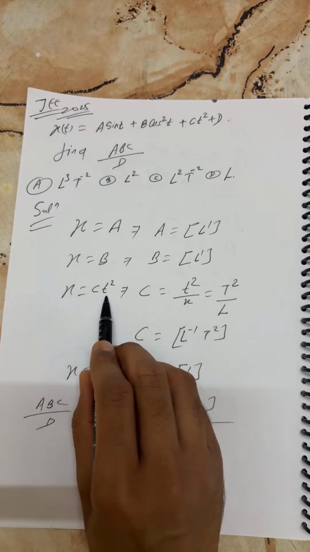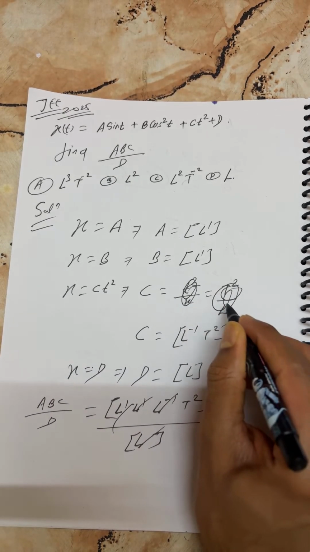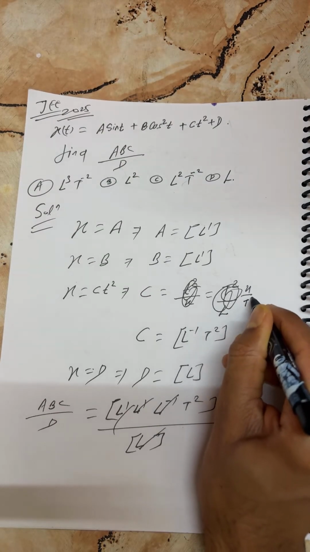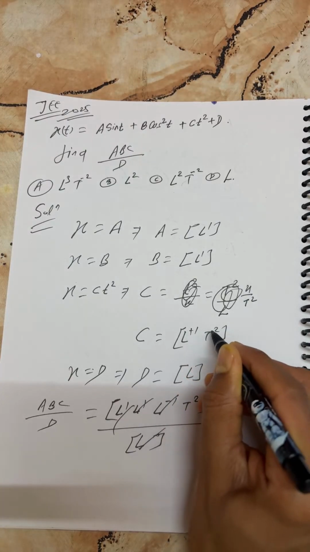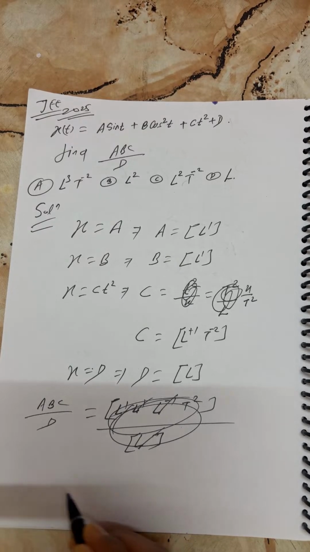X is equal to C. C is what? Oh, wrong. C is X by T square, so this is L to the power 2 minus 2 here. So this is wrong. I'll write again here.